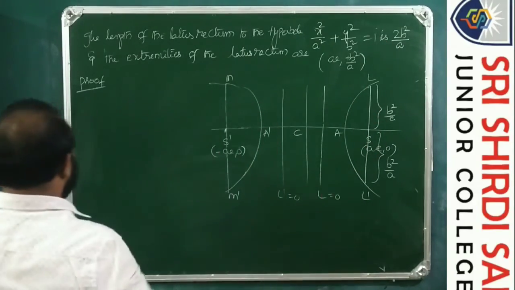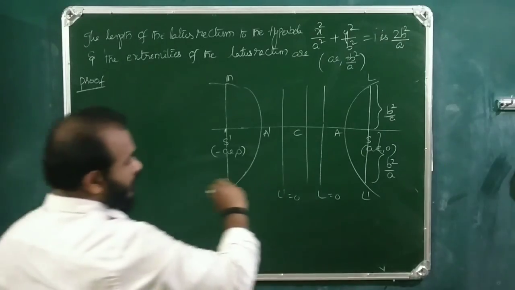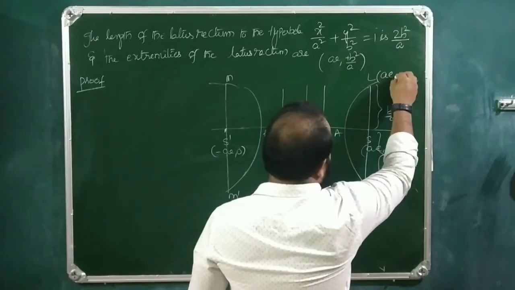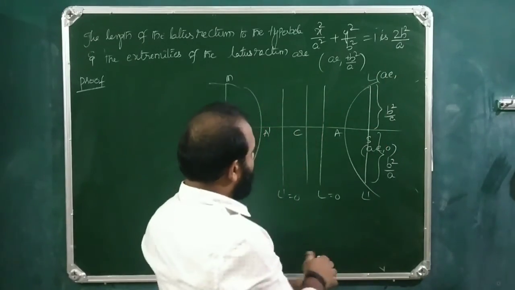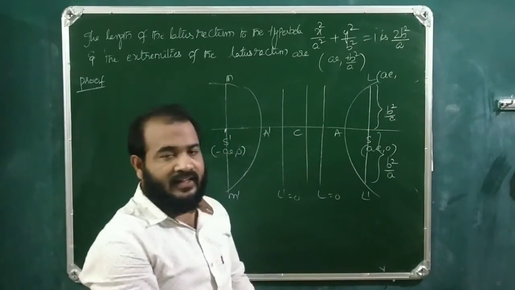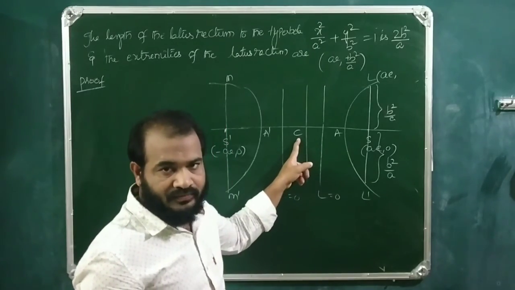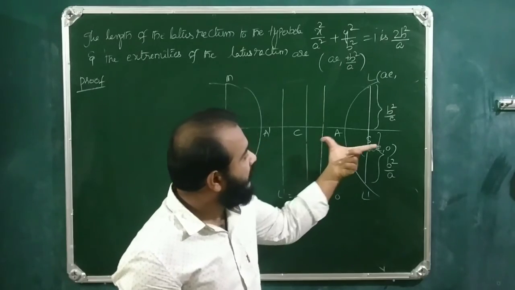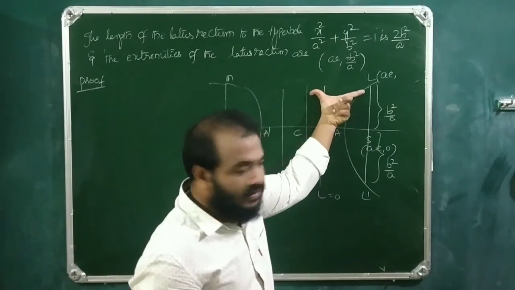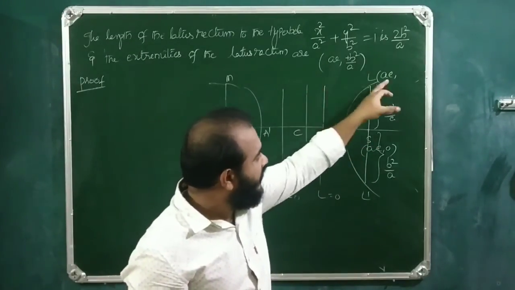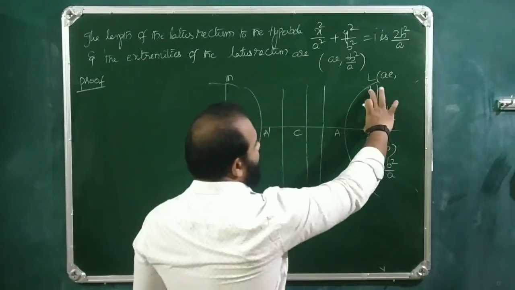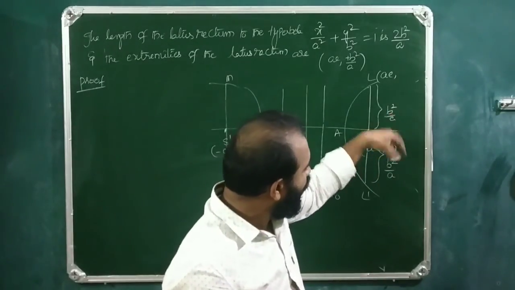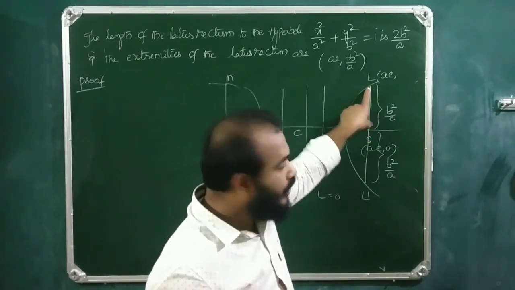So here, if this is ae comma 0, this is ae comma something, because C is the center, that means the origin. So from this to this is ae. So this is also the x coordinate ae. This height, which I don't know yet, later on we will prove to be b square by a.